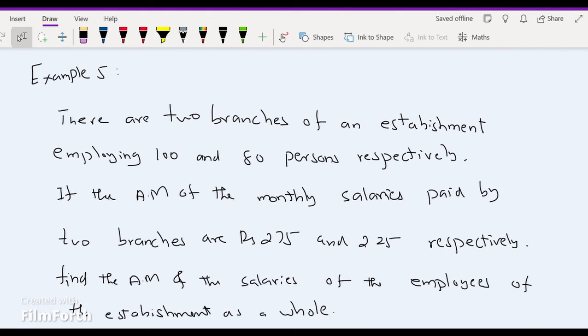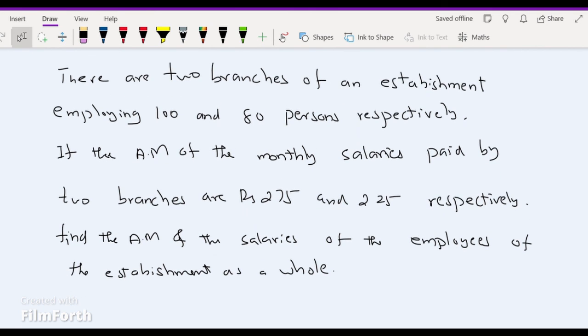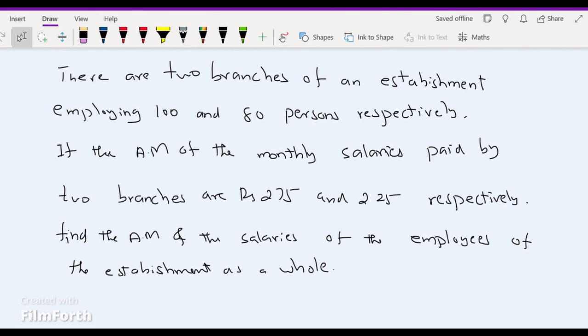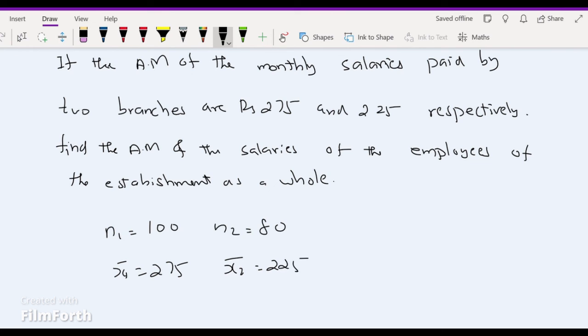But here there are two observations, and the arithmetic mean of the monthly salary paid by each branch is given. Here N1 is equal to 100 and let us assume N2 equal to 80. X1 bar is given as 275, X2 bar is given as 225.